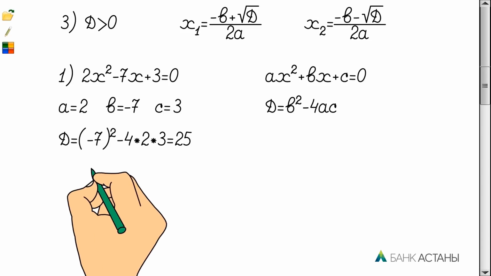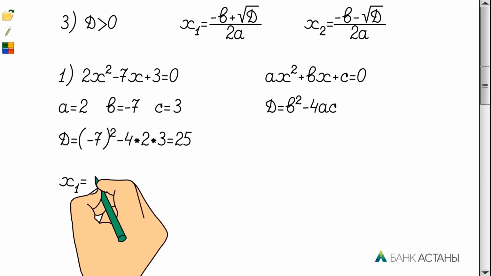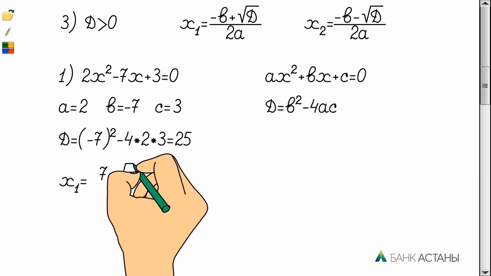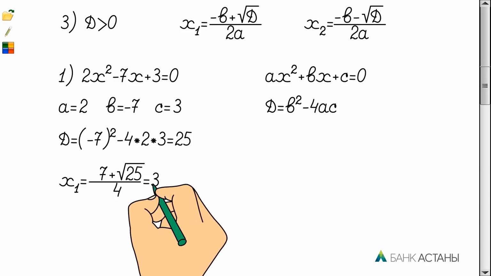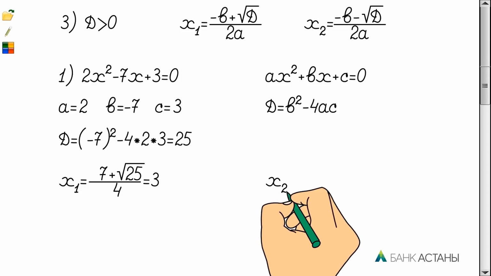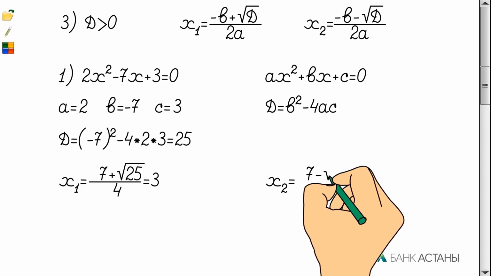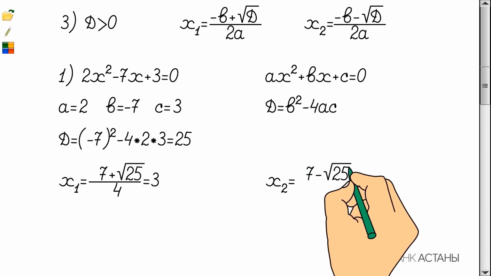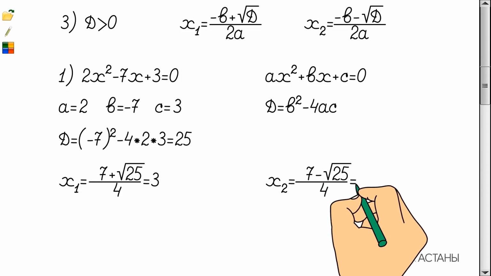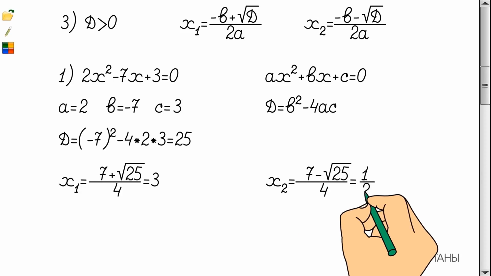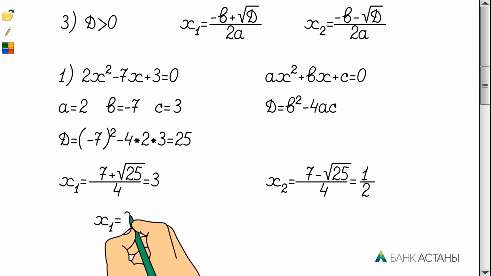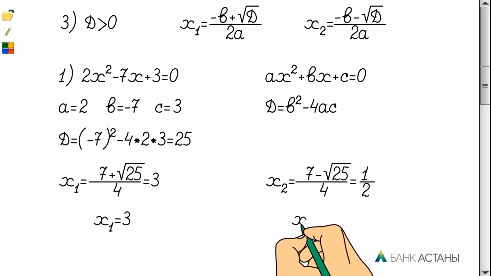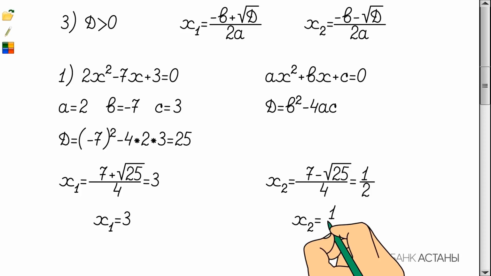Now we find the roots of the equation. x1 is equal to 7 plus the square root of 25, divided by 4, which is equal to 3. And x2 is equal to 7 minus the square root of 25, divided by 4, which is equal to 1 over 2. Our answer is x1 is equal to 3 and x2 is equal to 1 over 2.